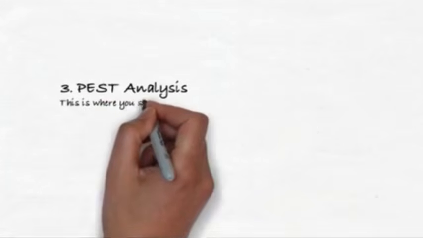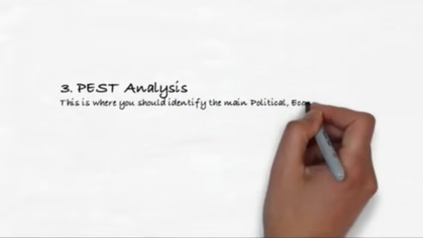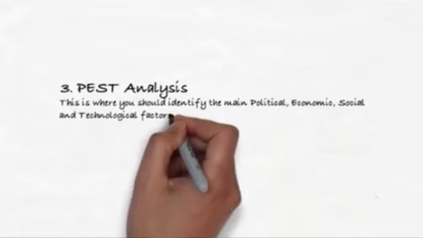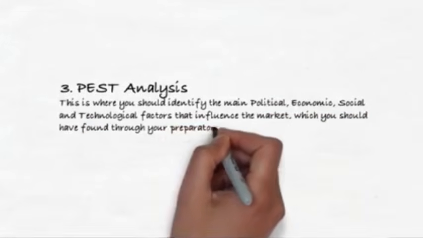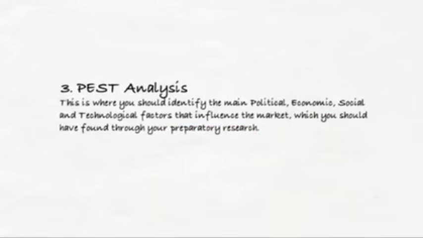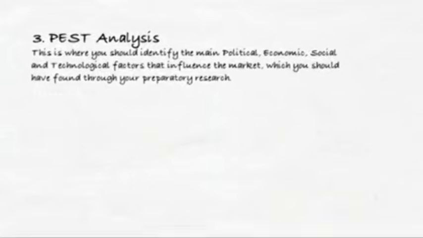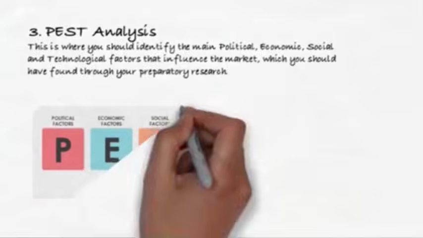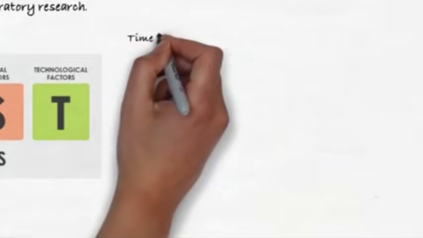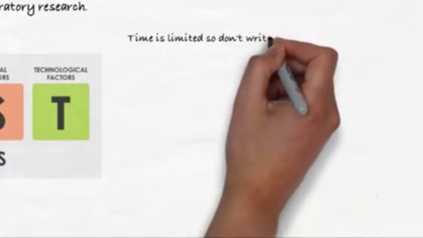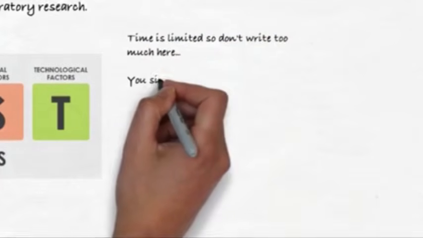The first tool you should use is a pest analysis, in which you should identify the main political, economic, social, and technological factors that influence the market, all of which you should have found in your research. With this part of the work, it is important to remember that time is limited, so you should not spend too much time on this by including unnecessary analysis.